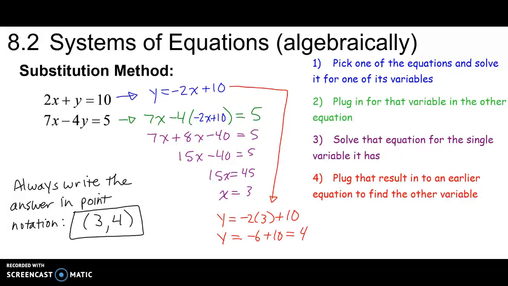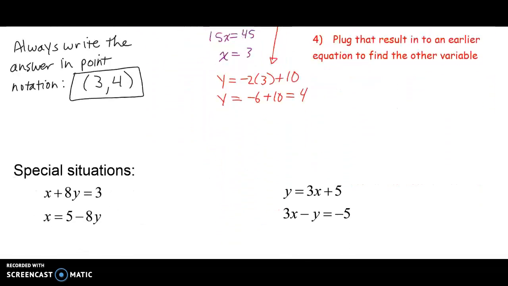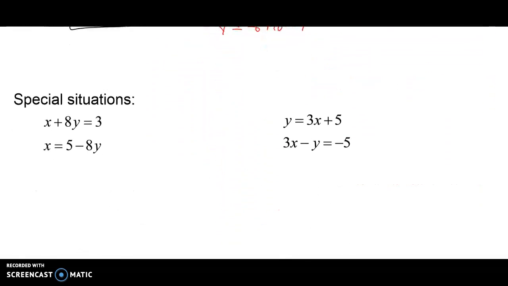Now, you'll also remember from section 8.1 that there are 3 types of answers that you can get when you try to draw two lines. You can get a point of intersection like we got here, but there are 2 other special cases. We need to learn what those special cases look like if you're solving things algebraically. So here are 2 very simple problems.